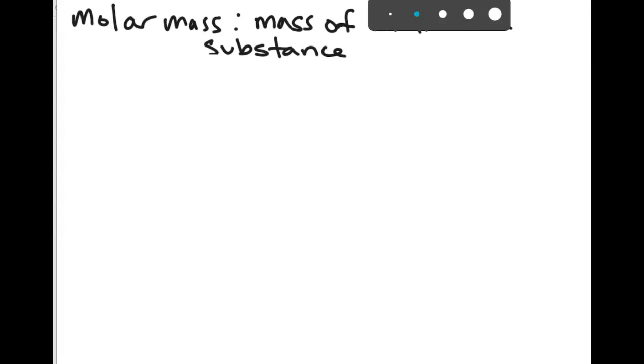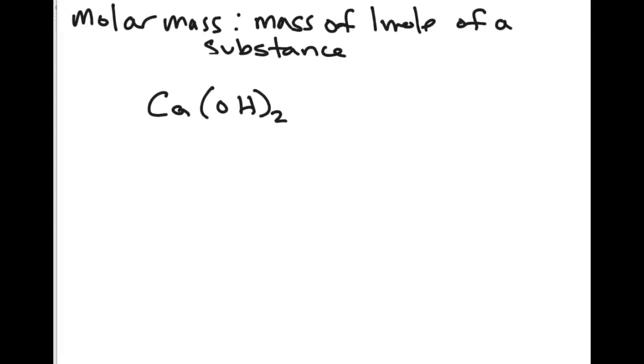All right, so the last one, we'll do one more where we have to distribute something. So let's say we have calcium hydroxide. What this means is we have 2 hydroxides. So basically like in math, we're going to distribute the number outside the parentheses to everything on the inside of the parentheses, because this means we have 2 OHs, which means 2 O's and 2 H's.